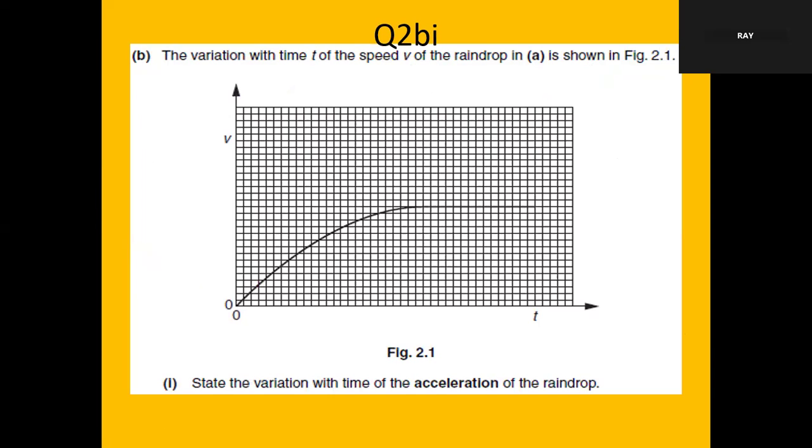Variation with time t of velocity of the raindrop is shown in figure 2.1. State the variation with time of the acceleration of the raindrop. How does the acceleration change? You must tell the examiner how you read from the graph.